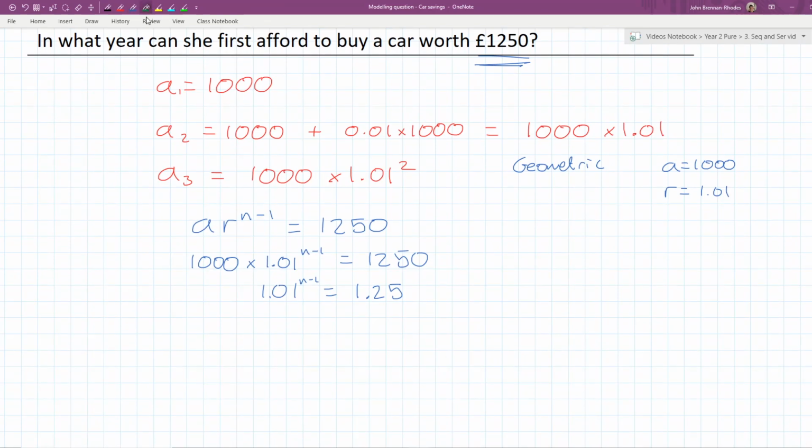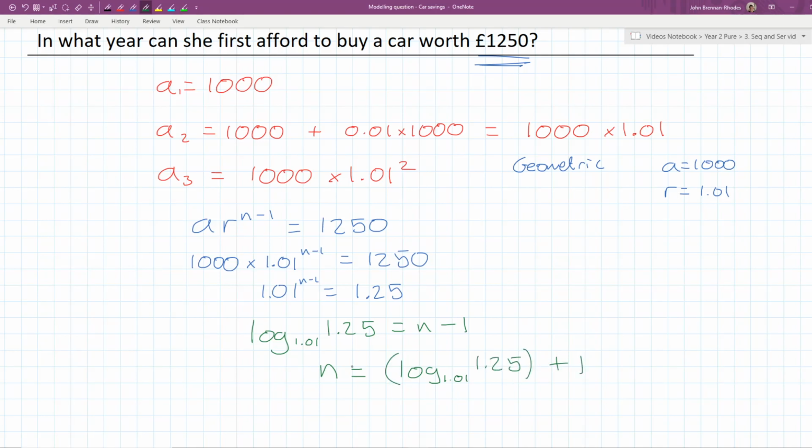And we did a problem like this in geometric sequences, where we said that we needed to use logarithms at this point. Rewriting this as a logarithm, we are saying that log base 1.01 of 1.25 is going to equal n minus 1. So the n value that we want is going to be log base 1.01 of 1.25 plus 1.